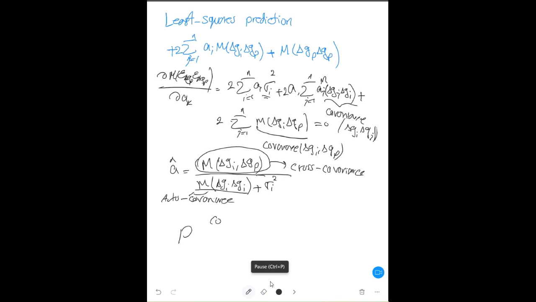P is the prediction space, and the cross covariance is defined between the prediction space P and Q, the measurement space. But autocovariance is defined for the Q space, or the measurement space.